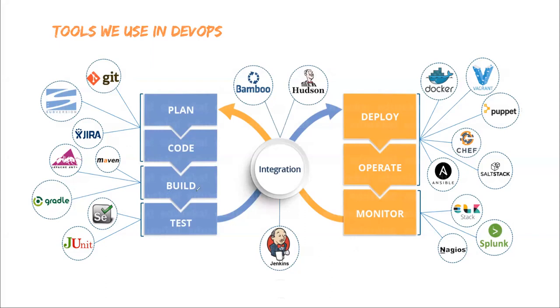For the building process, there are tools called Maven, Apache Ant, and Gradle. In our course, we are covering Maven. For testing, we have Selenium, JUnit, NUnit, Cucumber. As a DevOps engineer, testing is not a part of your work, so you need not learn anything about testing. You can skip this.